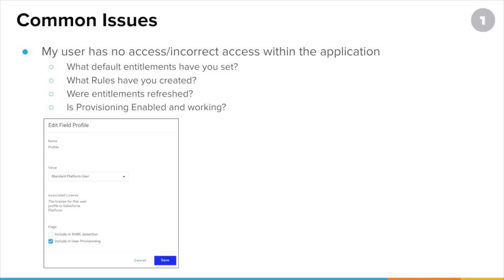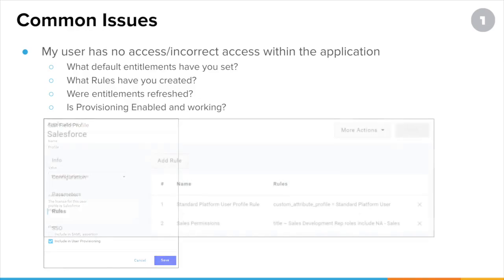And again, part of provisioning, part of those parameters that we can send across, can control the level of access that the user has within the application. So if we think that the user should have automatically been created, then we need to look at things like, is the attribute sent over in order to assign them to the application or to that role, or in this case, say the profile that controls what they can do within the application?